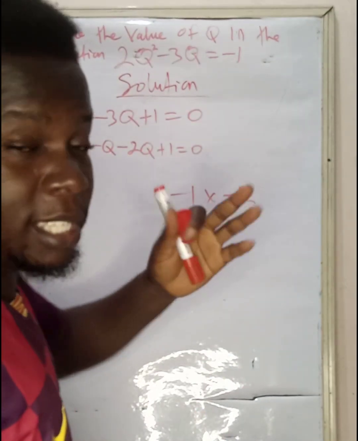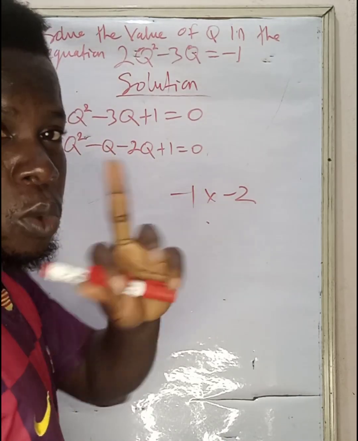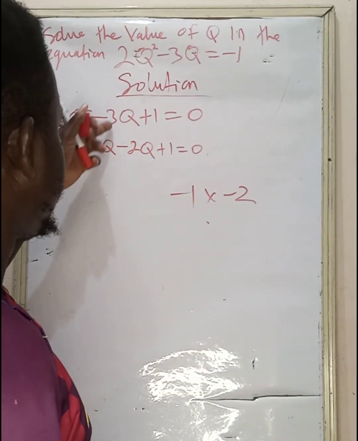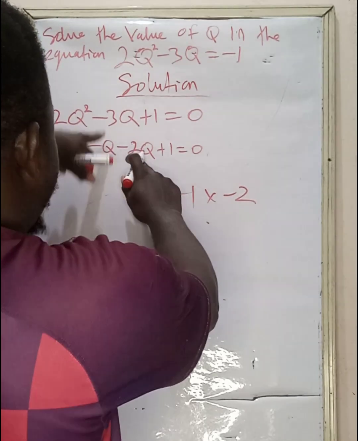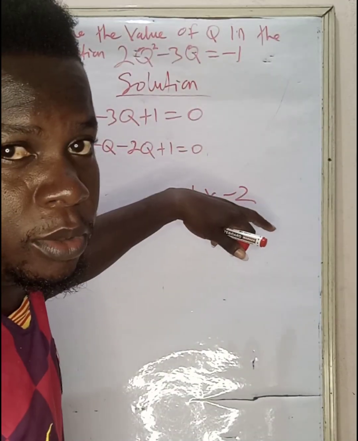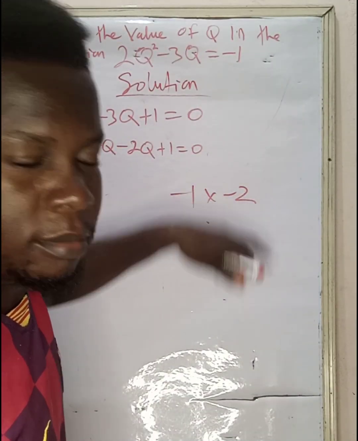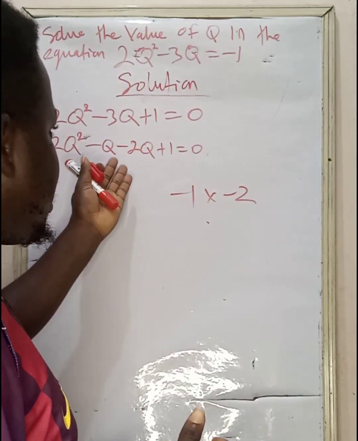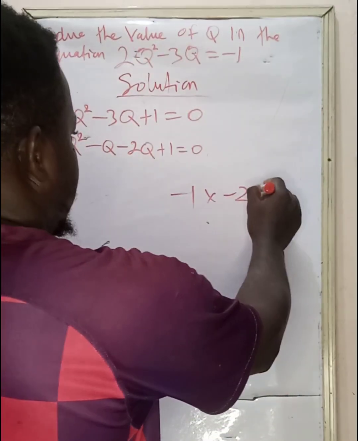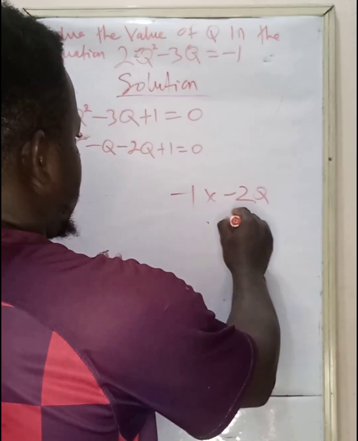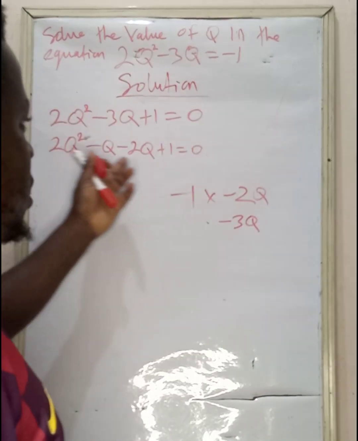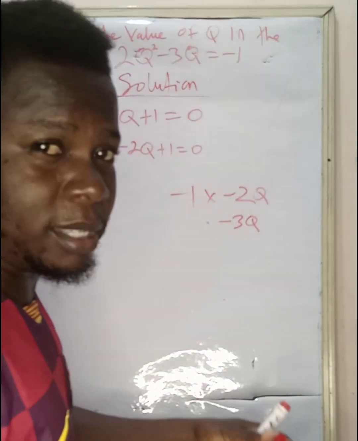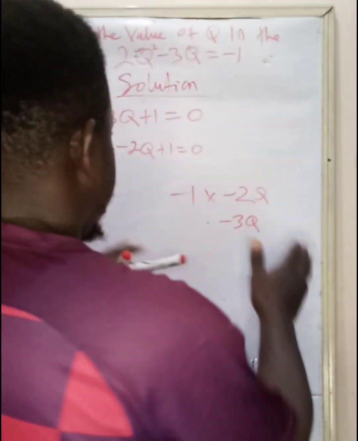This q, instead of writing 1, I just had to write q, which is 1q. I just replace this with q, because if you add this together, it will give you minus 3q, which is what we have here. So I just replace it with this. It's still the same thing, right? Yes.